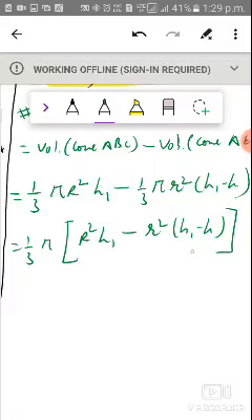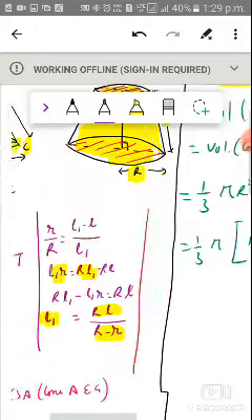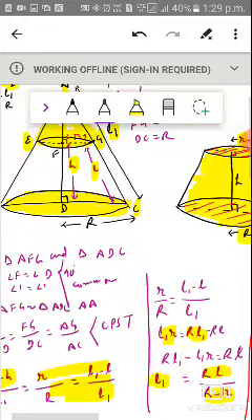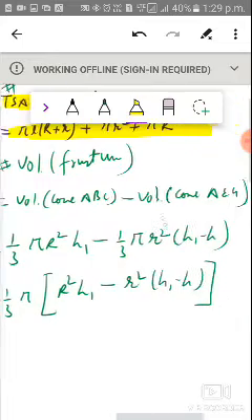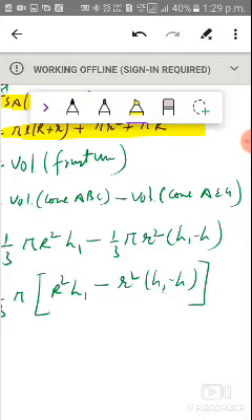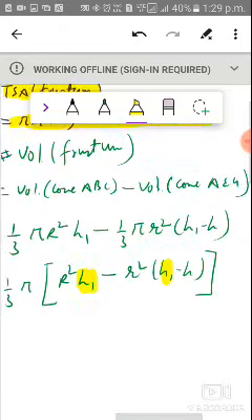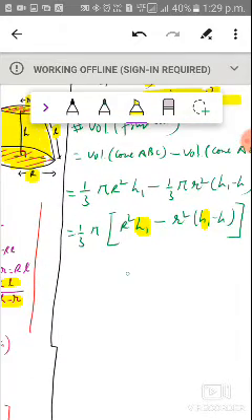As we are finding the volume of the frustum, the height of the frustum is FD, that is small h. So in the formula we have to remove this h1, and to remove it we need to find the value of h1.